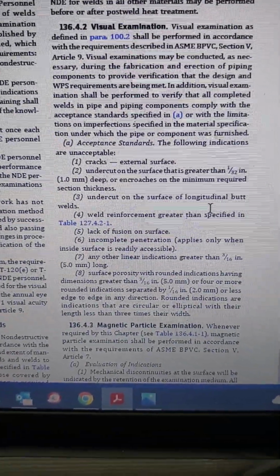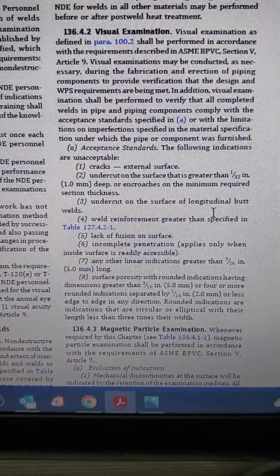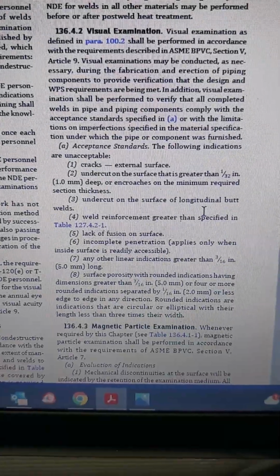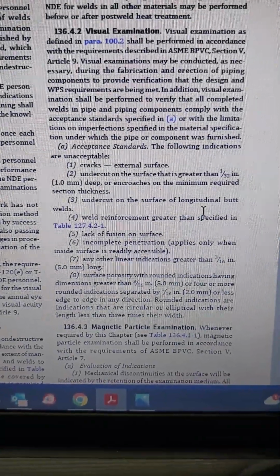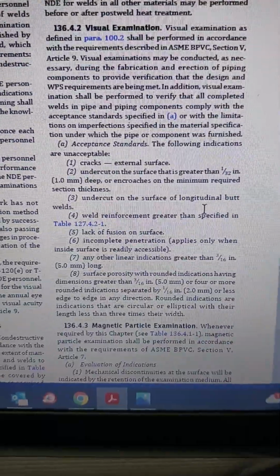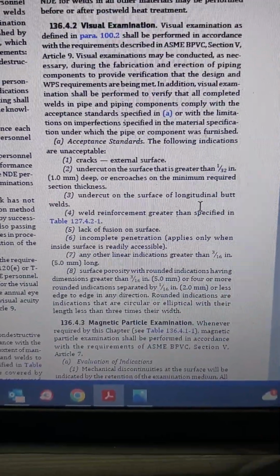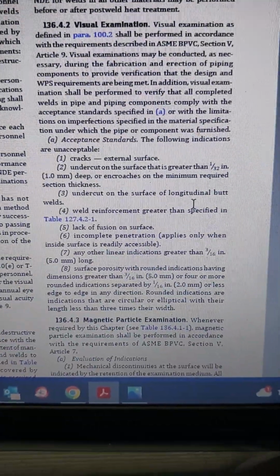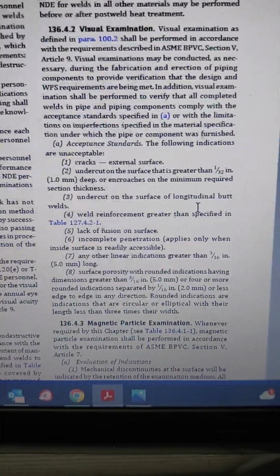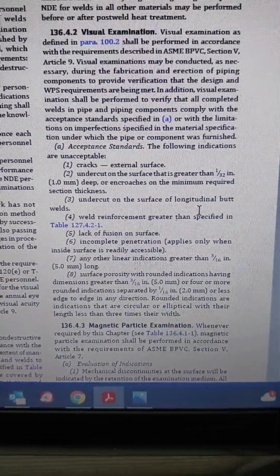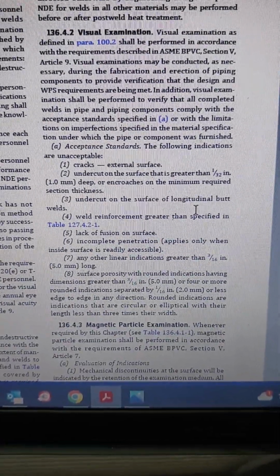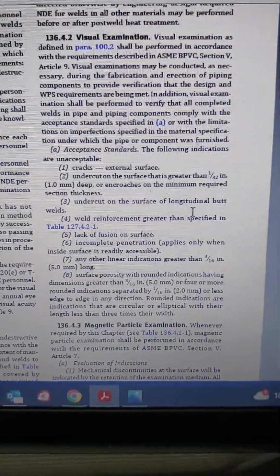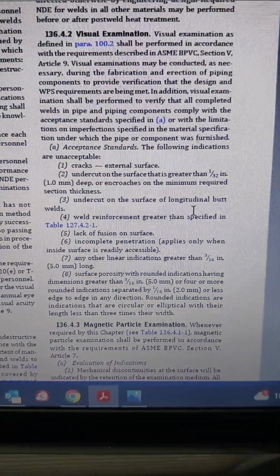Number 2 is for all undercuts, but number 3 is for longitudinal welds. Any undercuts on longitudinal welds are not acceptable for number 3.